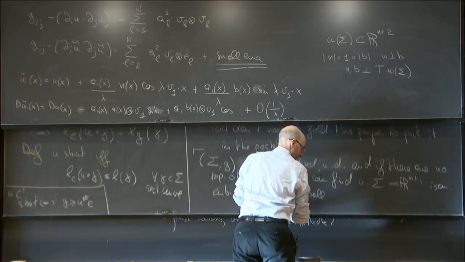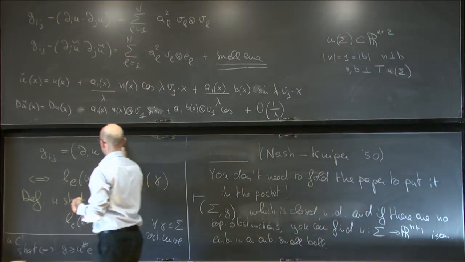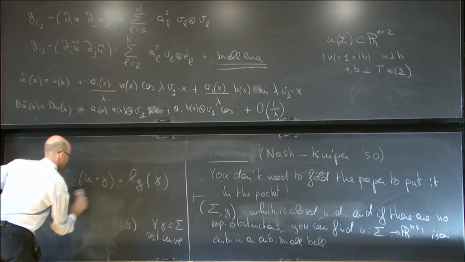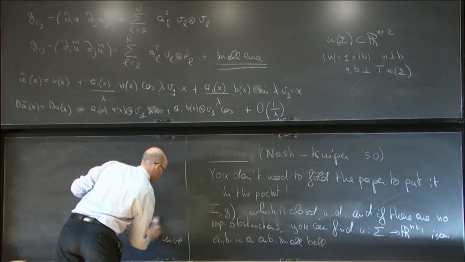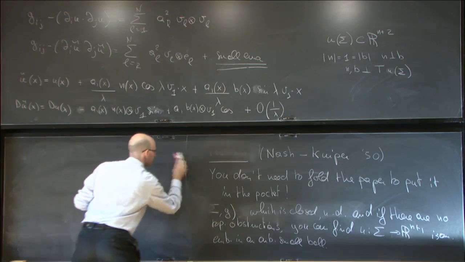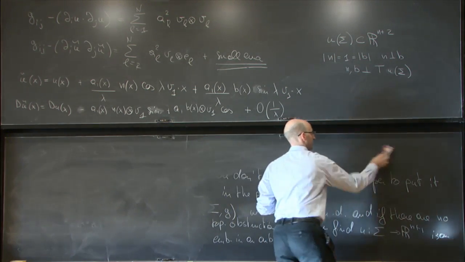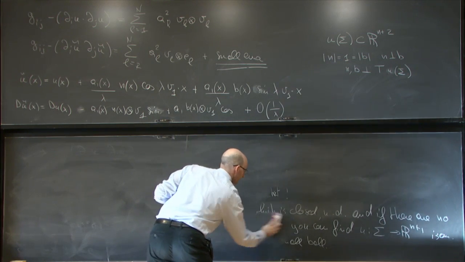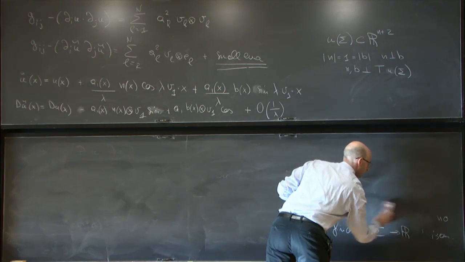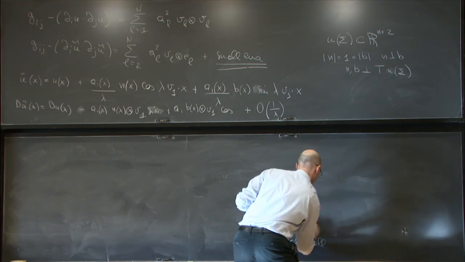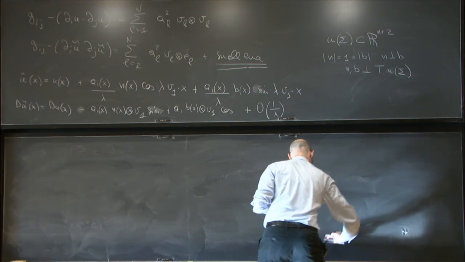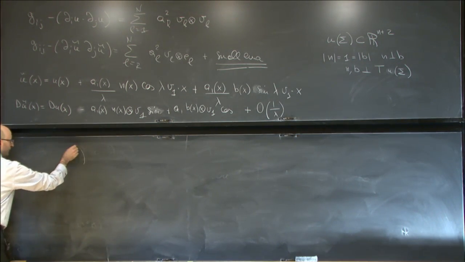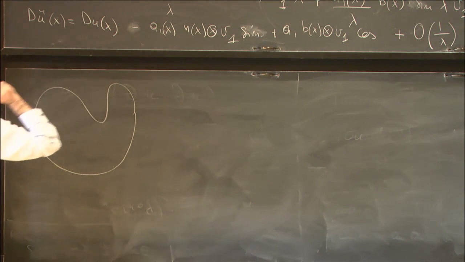Well, surprisingly simple. The key idea is the following. Say that your set is not convex, something like this.